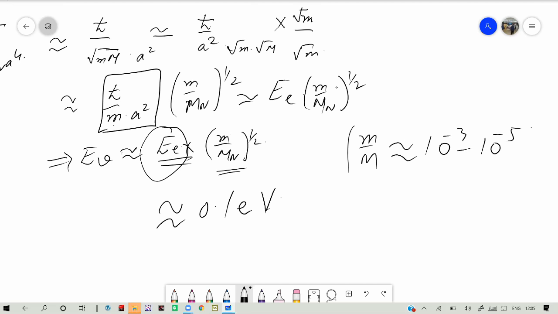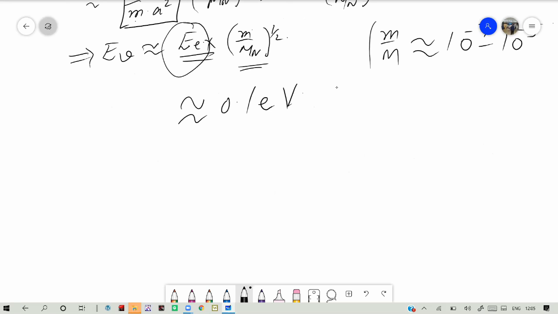This can be said in another way: if you have an energy level, this corresponds to the electronic transition. That means an electron can make a transition from this level to this. There is some vibrational energy level here. Giving a small energy to the molecule, it can vibrate and go from this lower energy state to this.